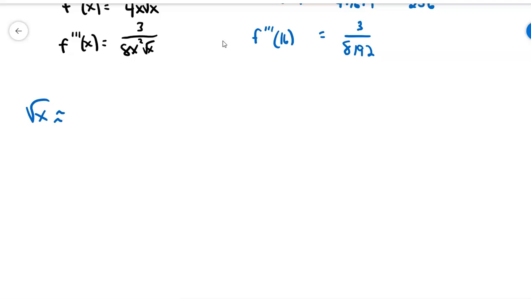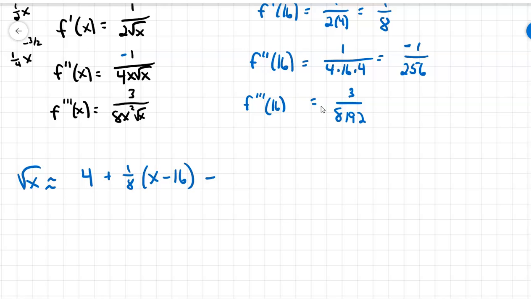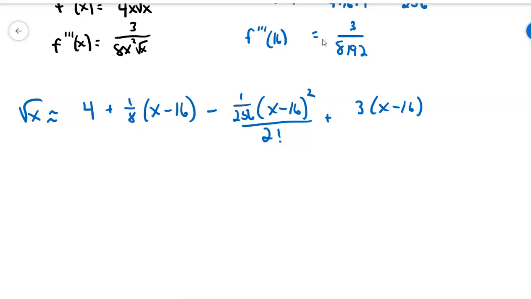Square root of x is approximately f of a, which in this case is just 4, and then it's going to be f prime, so 1/8, times x minus a, well in this case a is 16, so 1/8 x minus 16, then minus 1 over 256, x minus 16 squared over 2 factorial, and then plus 3 x minus 16 to the third.